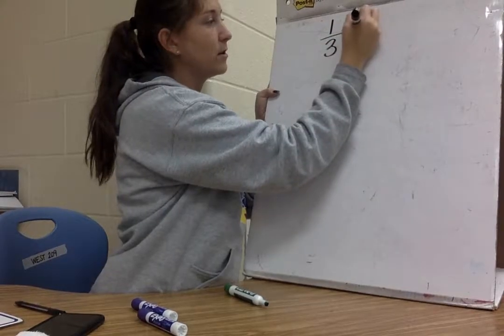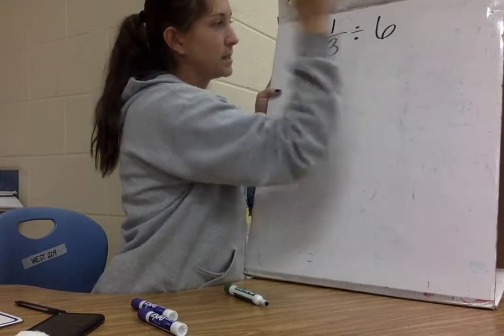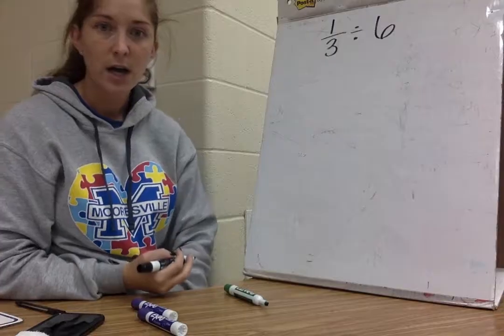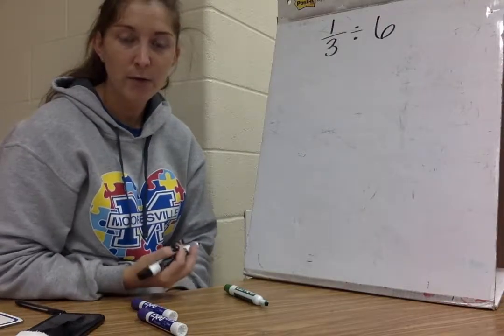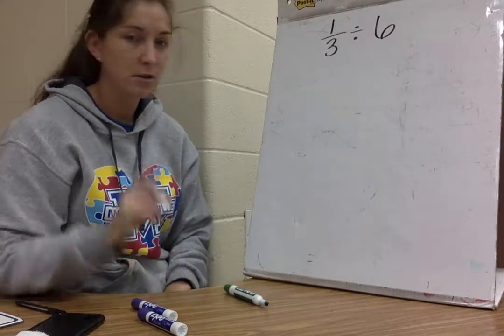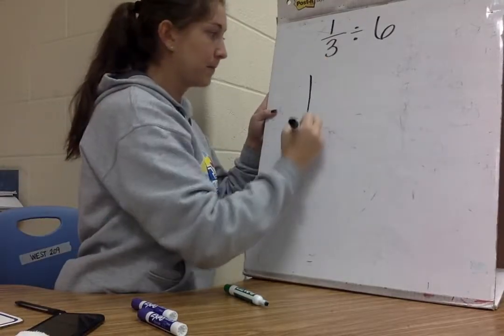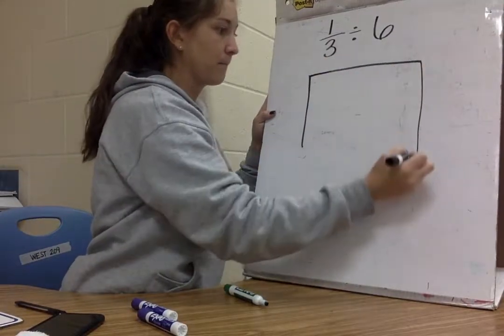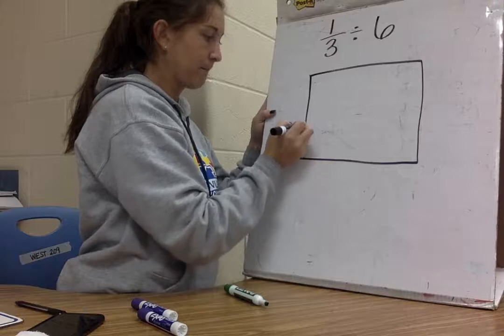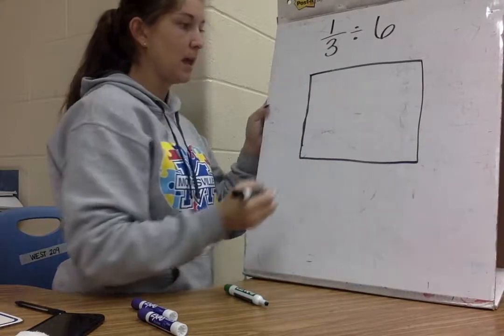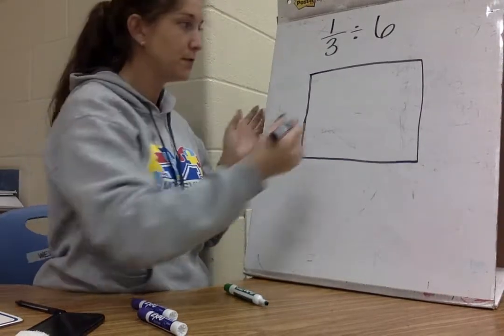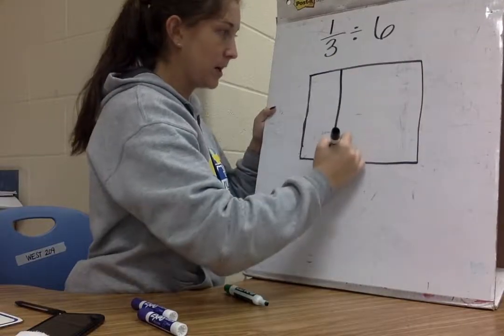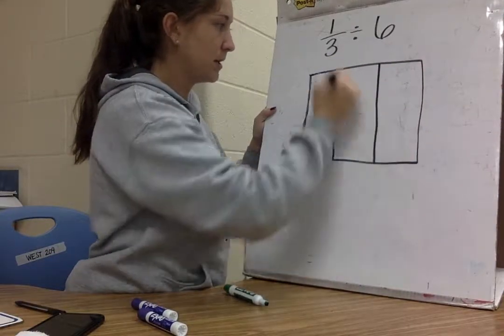One third divided by 6. So again, I have my fractional amount first. With that fractional amount, I'm only going to need one model. And I've got to cut it into thirds first. So I'm going to go ahead and represent my 1/3.